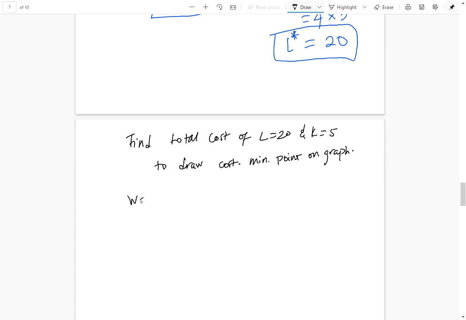We know that W is equal to 2 and R is equal to 8, and we know cost is equal to W times L plus R times K. So we have 2 times our L star of 20 plus 8 times our K star of 5.